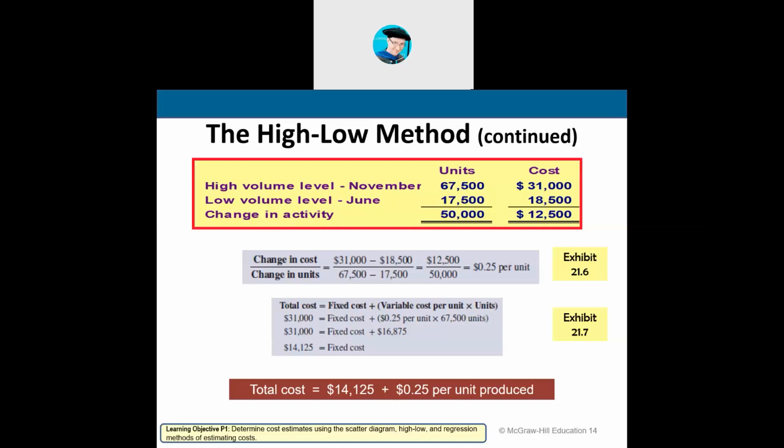It's just like working backward. Total cost minus variable cost equals fixed cost. So that means my total cost is 14,125 plus 25 cents for each unit produced.